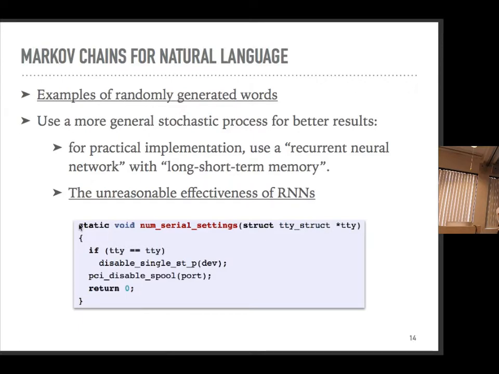Just by ingesting every single character in the source code to the Linux kernel, it learned how to generate random code like this. Was that letter to letter or word to word? Letter to letter. It doesn't know that return is a keyword in C, it just learns that. But clearly you have to use more than just the previous letter for context there.